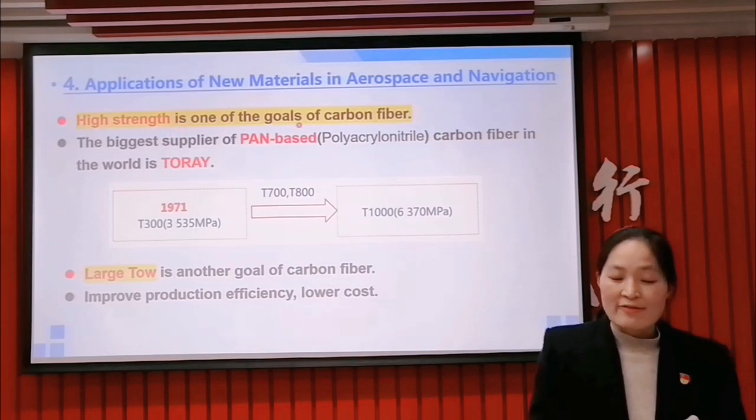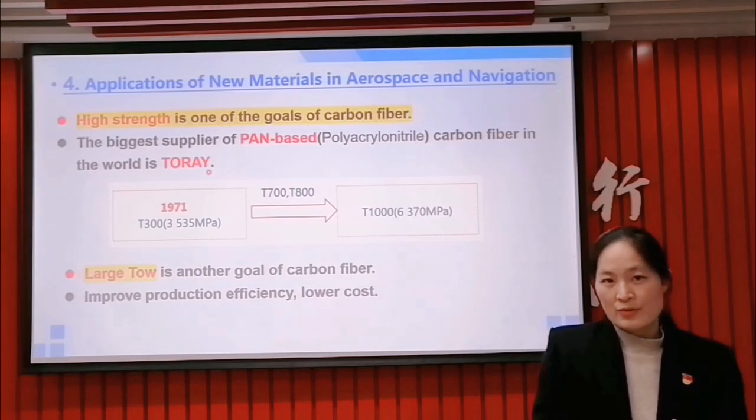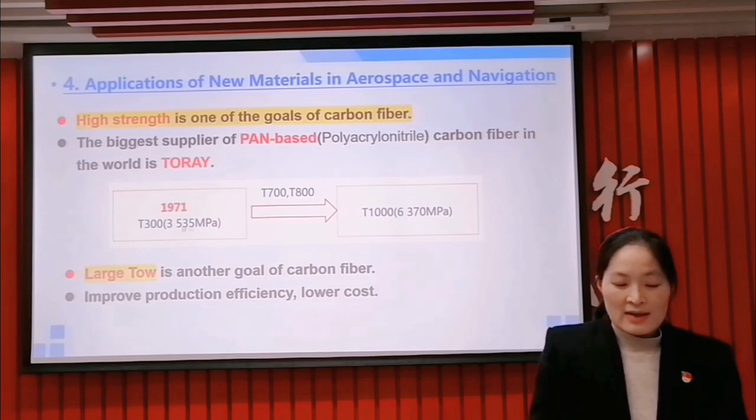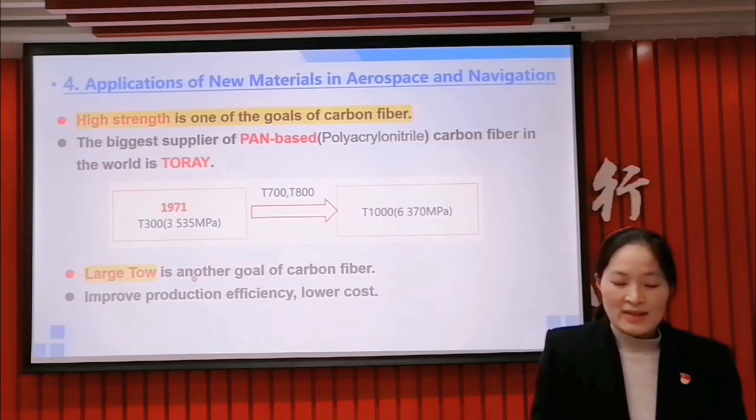High strength is one of the goals of carbon fiber. The biggest supplier of PAN-based carbon fiber in the world is Toray. Since 1971, the company has produced carbon fiber from tensile 300 to tensile 1000.